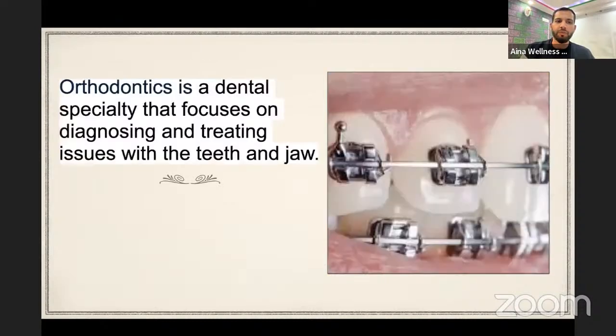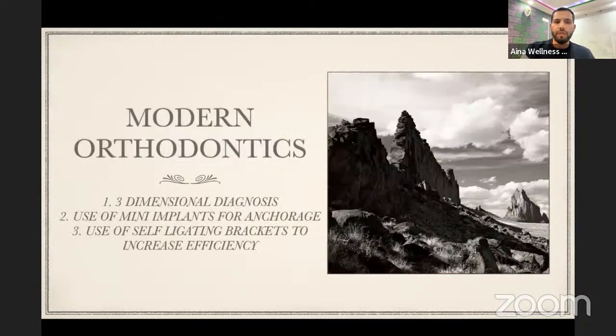And when you talk of alignment, orthodontics and orthodontists play a very important role. Orthodontics is a dental specialty that focuses on diagnosing and treating issues with teeth and the jaws. Modern orthodontics includes three-dimensional diagnosis, use of mini implants for anchorage, and use of self-ligating brackets to increase its efficiency.